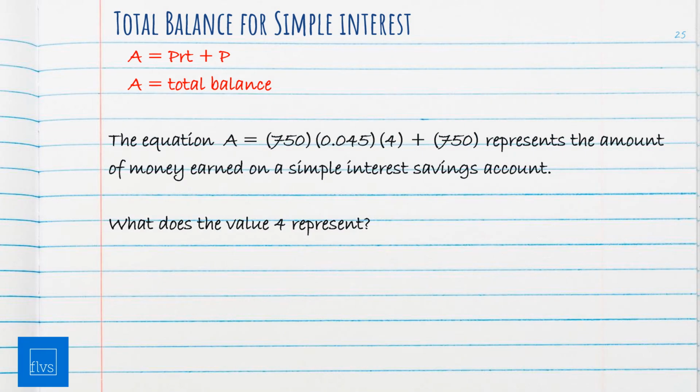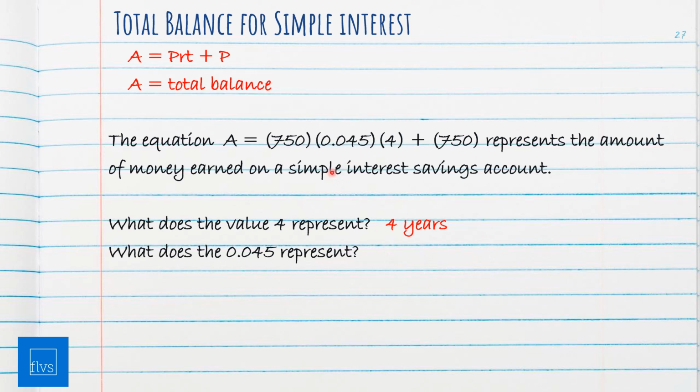So what does the 4 represent? The 4 is in the T section, so that represents the number of years. So 4 years. What does the 0.045 represent? The 0.045 is the percentage rate.